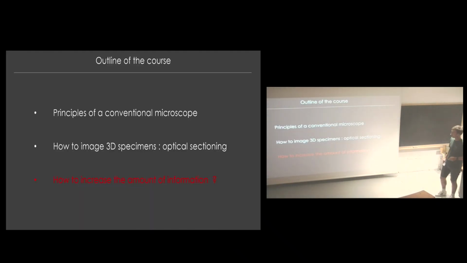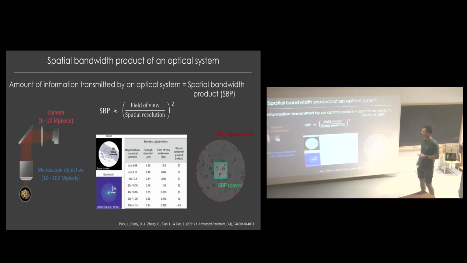Okay, and now I will talk about how to increase the amount of information in an optical system. This quantity can be defined as the spatial bandwidth product, SBP, which is simply the field of view, so the size of the image you get, divided by the spatial resolution, and you square it, because you have a 2D image.